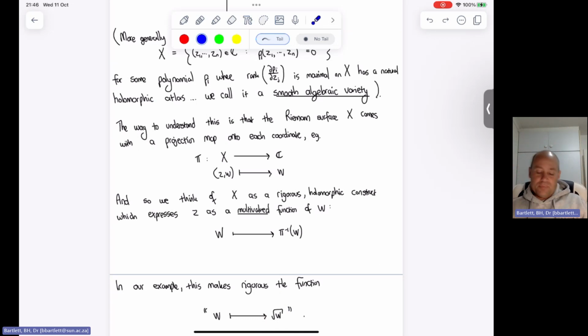But now we're able to make rigorous sense of this in a very clear and geometric way. So that's the raison d'être for Riemann surfaces.